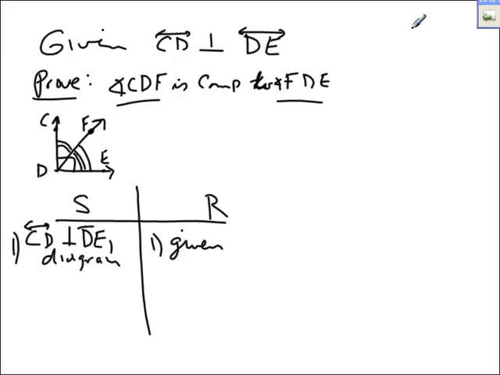You want to state them as two separate lines, the diagram being the second line. Good, so you have statement 1 and 2. Might as well just put everything down, statement 1 as the given. Okay, so we know that angle CDE is a right angle.